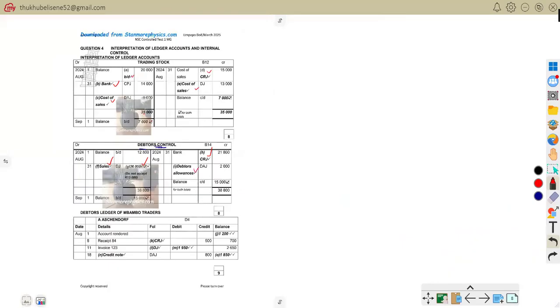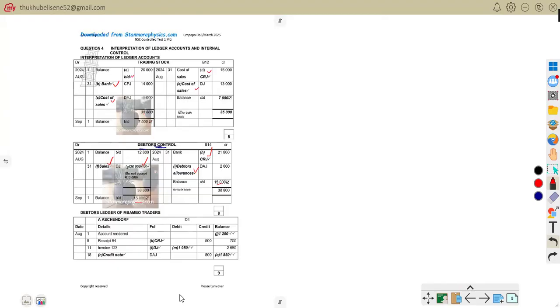You add this and get the bigger side, which is 38,800. Then you add 21,800 plus 2,000 and subtract the amount from 38,800, and it will give you 15,000 as our balance carried down and 15,000 as our balance brought down on the debit side.